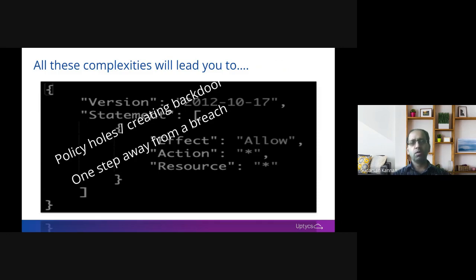As we talked about earlier with the APIs, you're just one step away from getting access to the resources through that API call. That's why it's called one step away from a breach. If I have an overly permissive identity, which is a wildcard, if I don't know what I'm doing as an IAM admin, if I'm giving wild permissions or unauthenticated access, essentially anybody can get access to your cloud services. That's the bottom line.